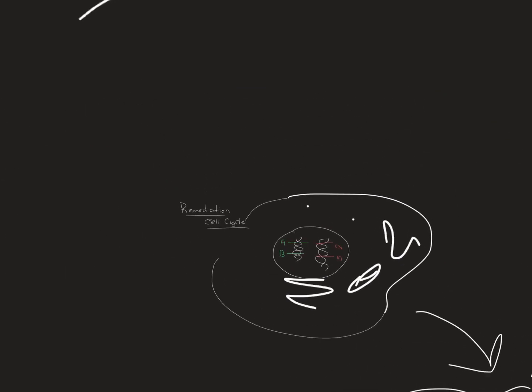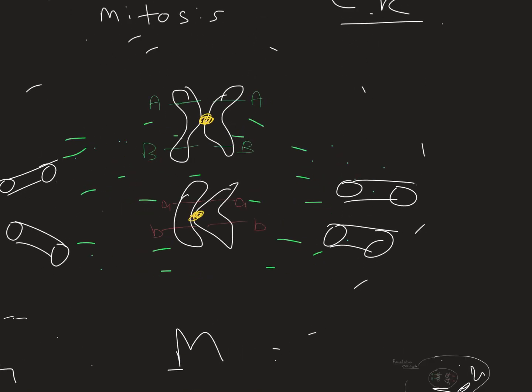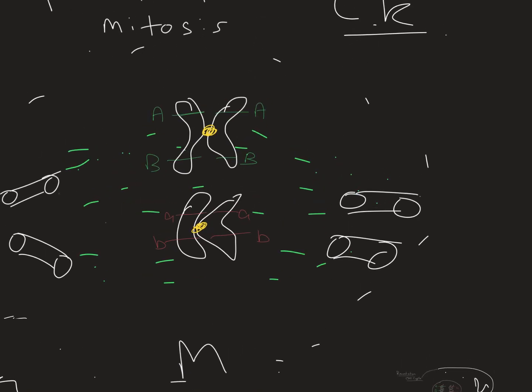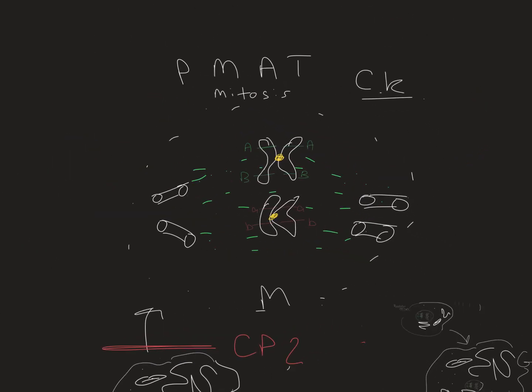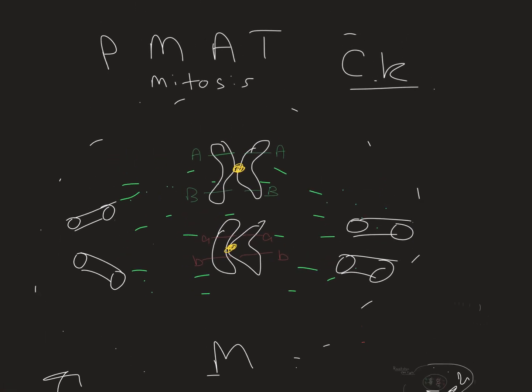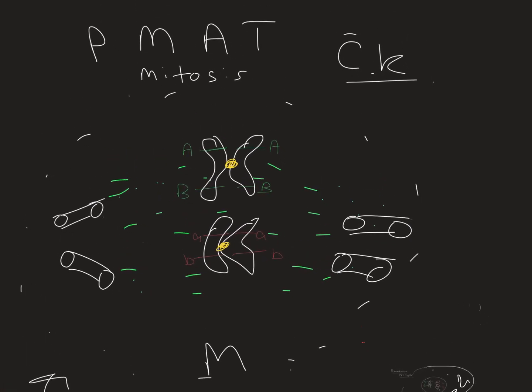So if you're going to end up with an identical cell, you have to have a big A, little a, and a big B, little b. Because you lined them up this way, what is each new cell going to have? Big A, big B, little b. Because this is going to go this way, that's going to go that way, just because they're lined up the way they are. That would be the drawing of metaphase.